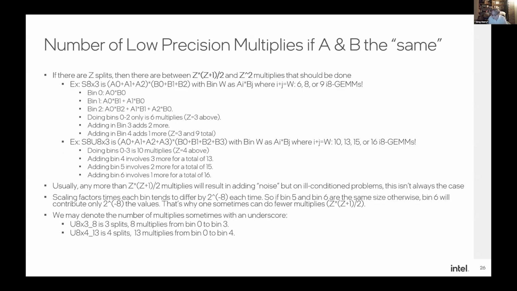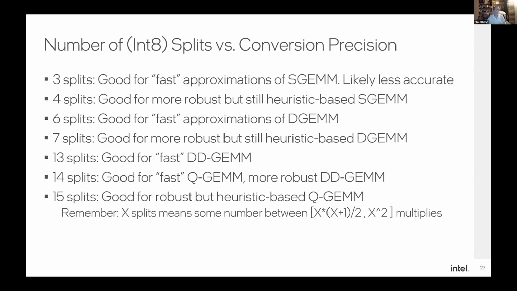And you also have a number of multiplies, depending on how many splits you do, so how many bins you have. You usually have on the order of z squared or maybe z squared over 2, somewhere between those two extremes.